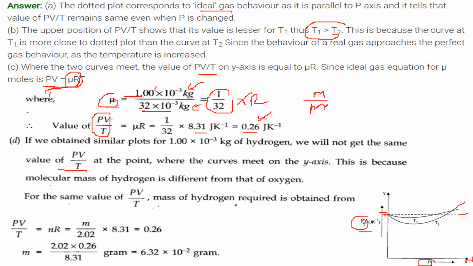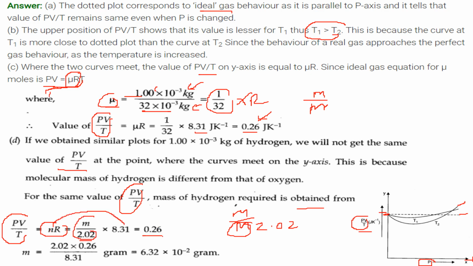So for the same value of PV by T, what is the mass of hydrogen required? PV by T is n into R, and n is m by capital M. Capital M for hydrogen is 2.02, given in the question. So m by 2.02 multiplied by R, where R is 8.31. This whole is 0.26.